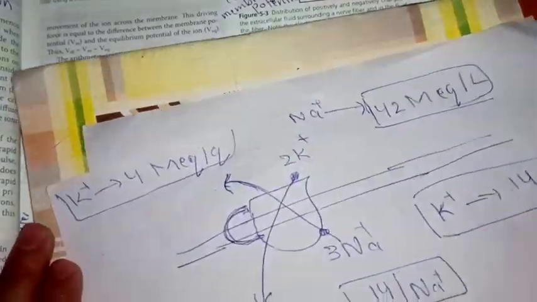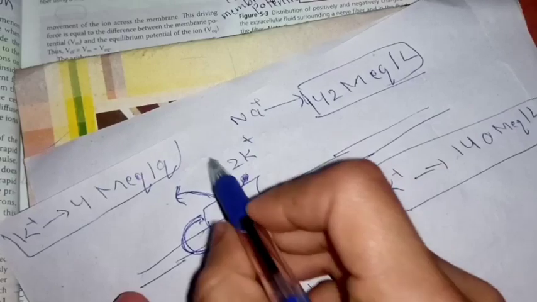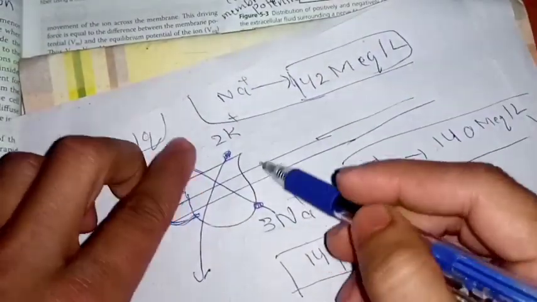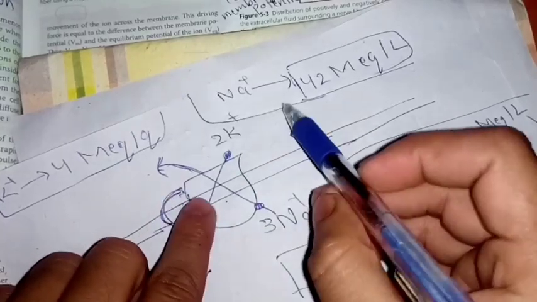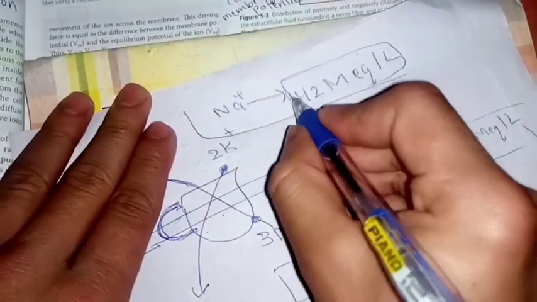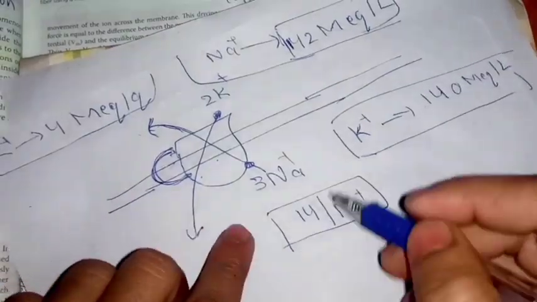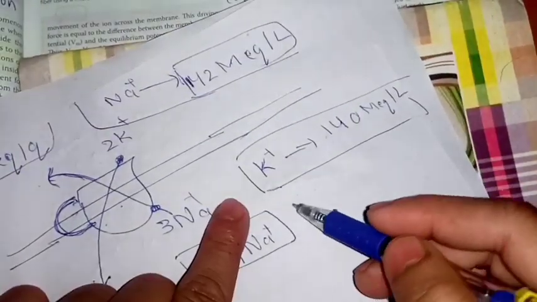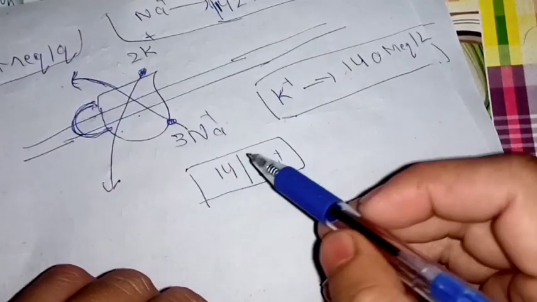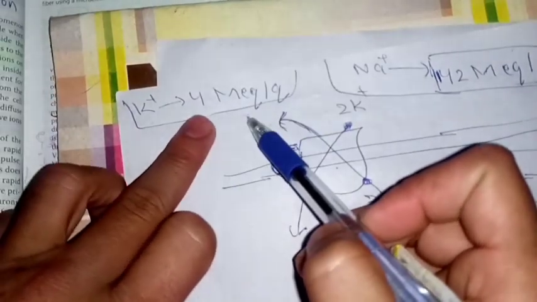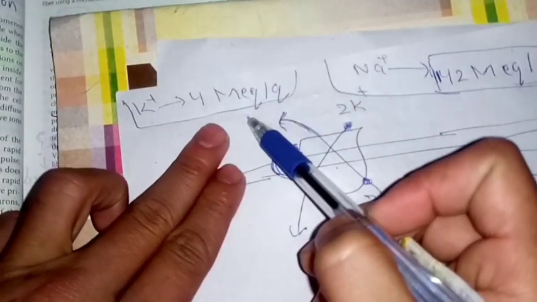So with the help of this sodium potassium pump, 142 milliequivalents of sodium accumulate outside and 140 milliequivalents of potassium accumulate inside the cell, and only 14 milliequivalents of sodium remain inside, and 4 milliequivalents of potassium remain outside of the cells.